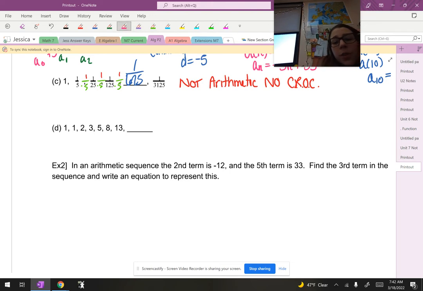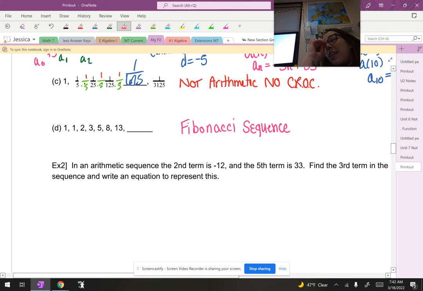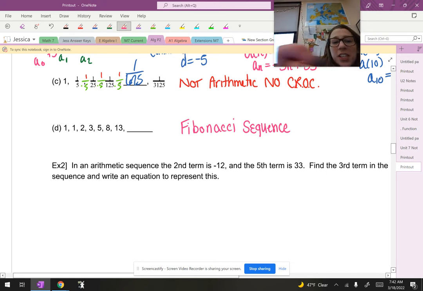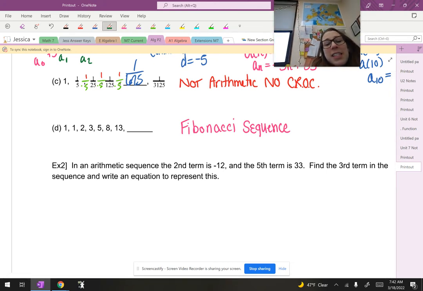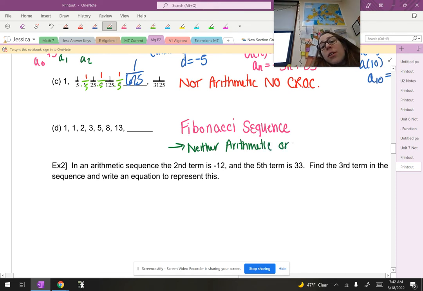So this sequence right here is what is known as the Fibonacci sequence. Fibonacci. And the Fibonacci sequence is neither arithmetic nor geometric, which are the sequences that we're going to look at tomorrow.